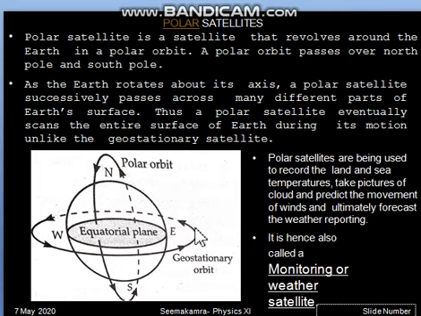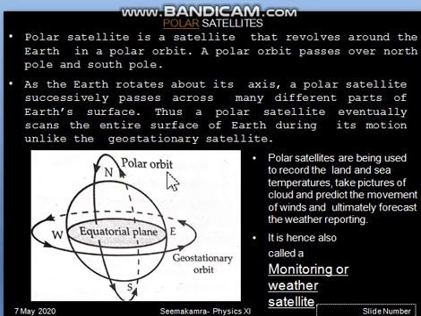The first difference between both is a geostationary satellite revolves around Earth in the equatorial orbit. Equatorial orbit is the horizontal plane passing through the equator of Earth. On the other hand, the polar satellite revolves in the polar orbit of Earth.